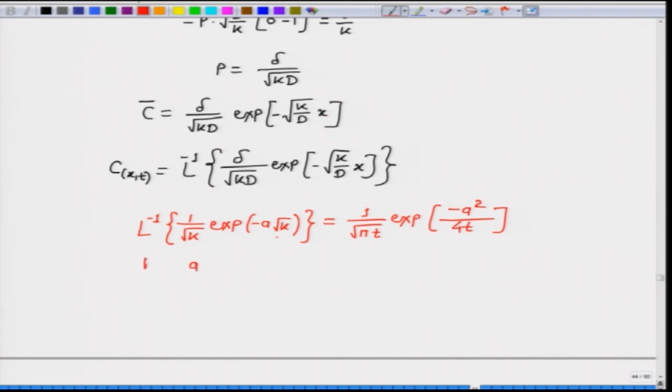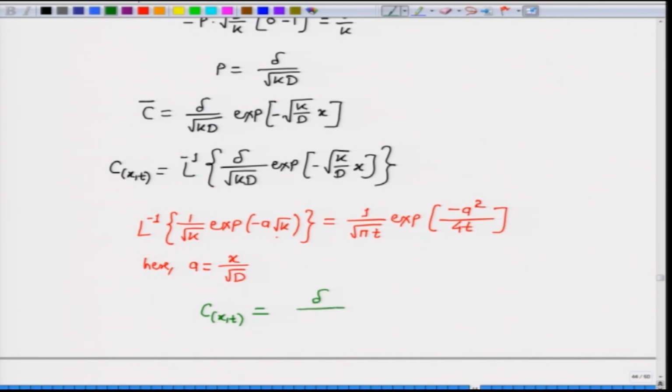So, we have a is equal to x by root d, and so we get the solution for c as delta by root d is a constant.